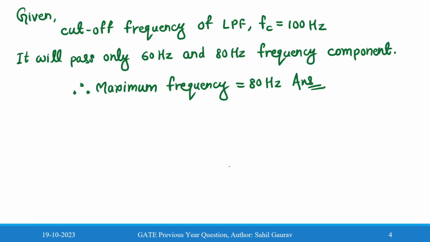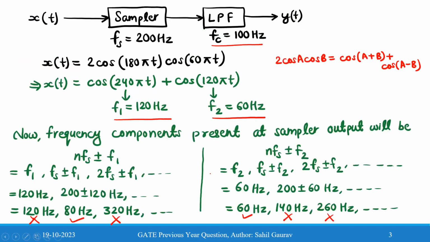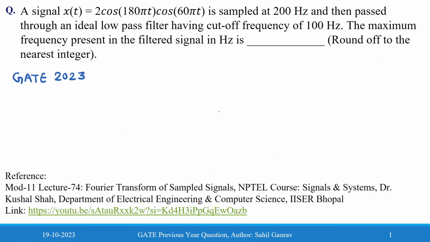Therefore, the final answer for the problem is 80 Hz, because it is asked for the maximum frequency component present at the filter output. Therefore, the final answer is 80 Hz.